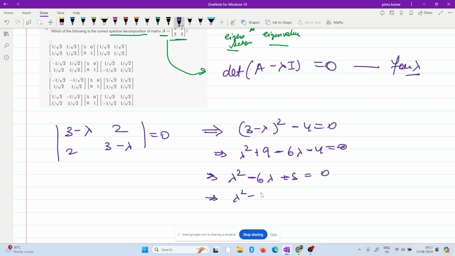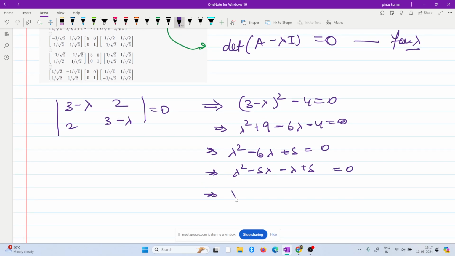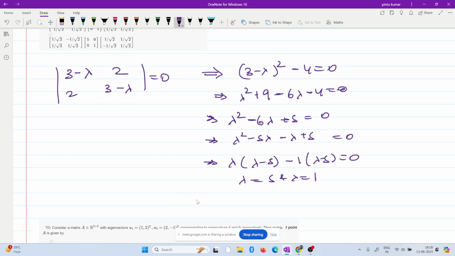This gives lambda square minus 5 lambda minus lambda plus 5 is equal to 0. If you take common, this is (lambda minus 5)(lambda minus 1) is equal to 0. So you get lambda is equal to 5 and lambda is equal to 1, right? So the eigenvalues are lambda is equal to 1 and lambda is equal to 5.